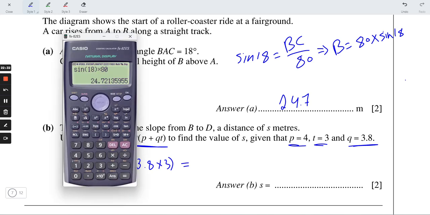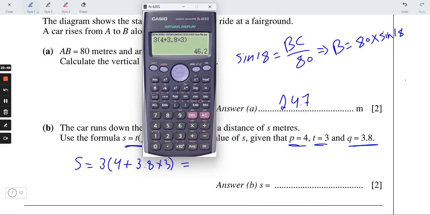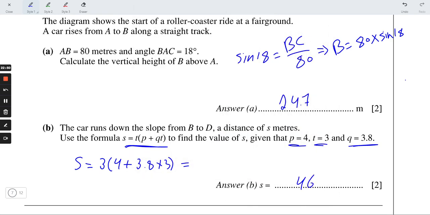Using the calculator, 3 times 4 plus 3.8 times 3 equals 46.2.